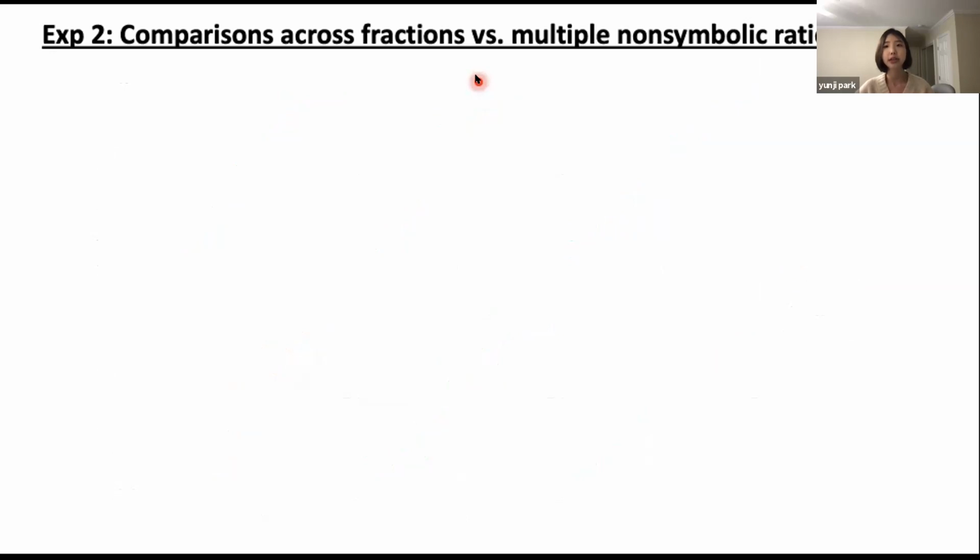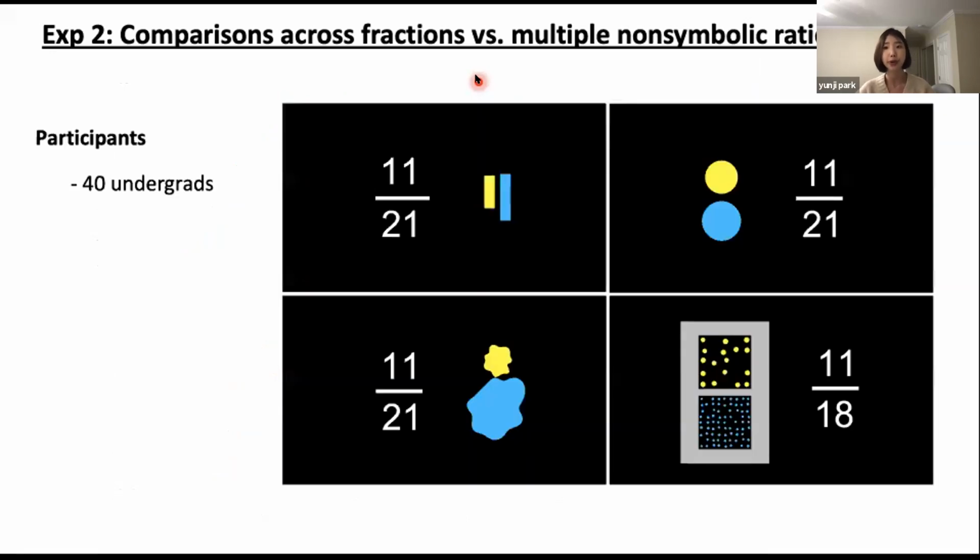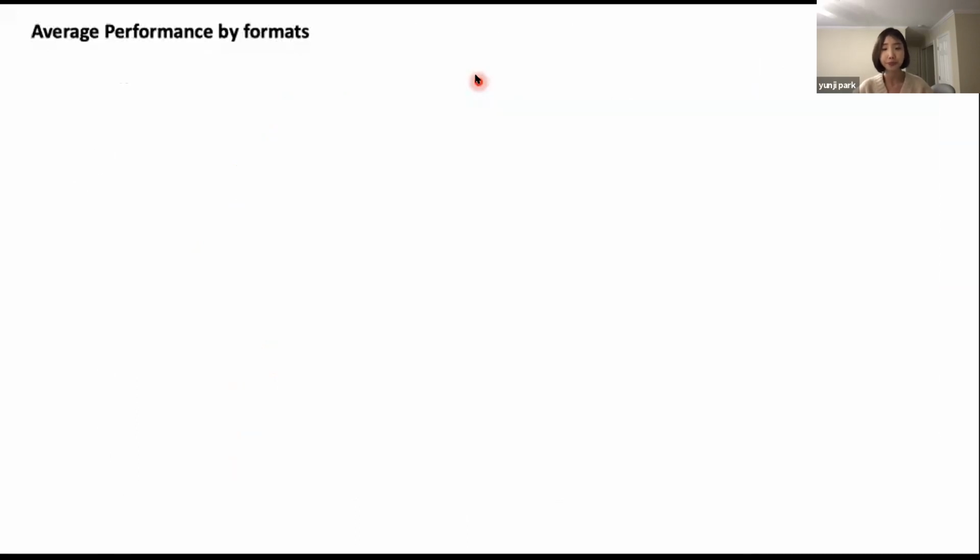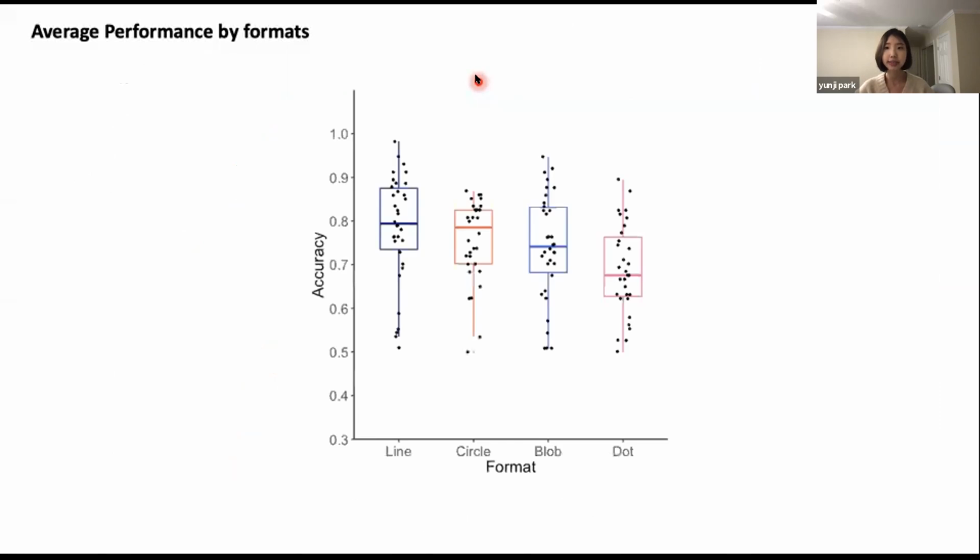So we conducted a cross-format comparison task with 40 undergrads, and participants chose which fractional ratio is larger. We first looked at the format effect, and you can see, similar to experiment 1's result, in the order of comparisons involving line, circle, blob, dot, accuracy significantly decreased.